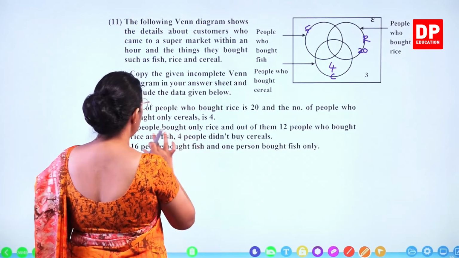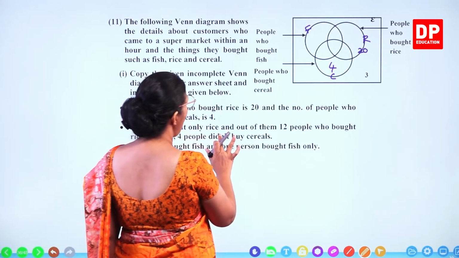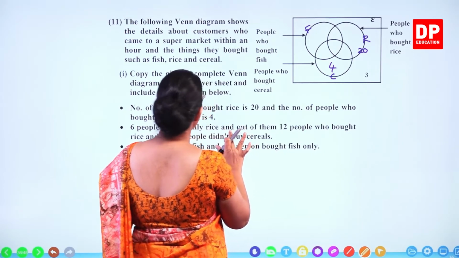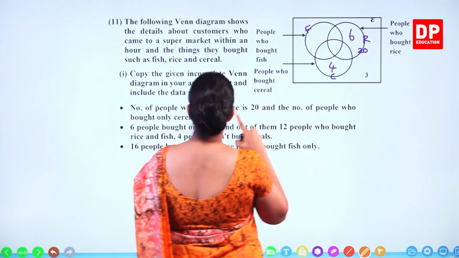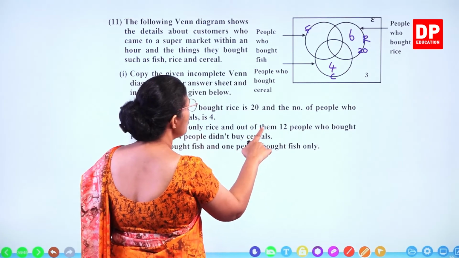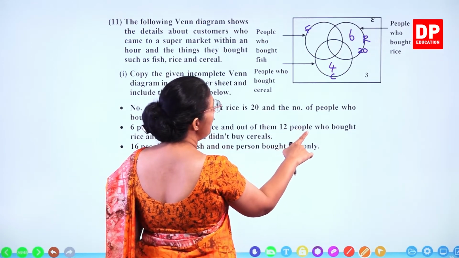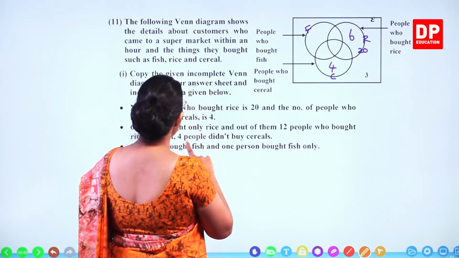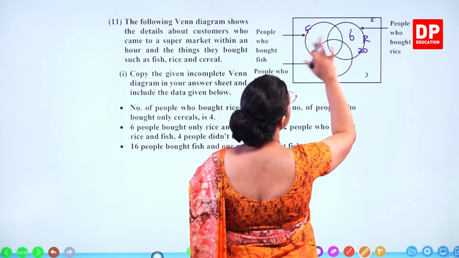So let's read that part first. 6 people bought only rice, so here this. And out of them 12 people bought rice and fish. Rice and fish is this part.